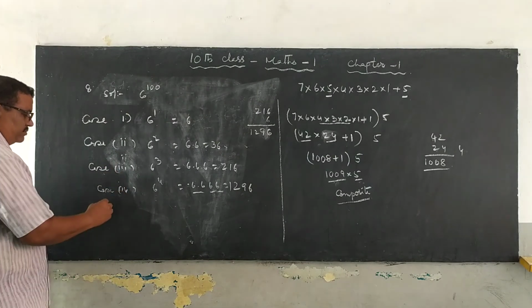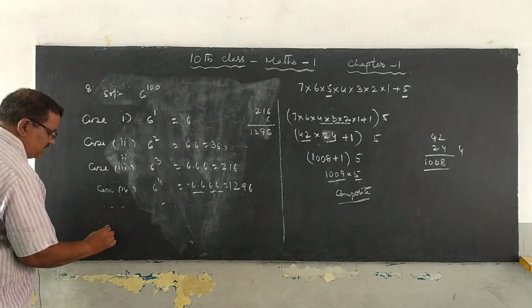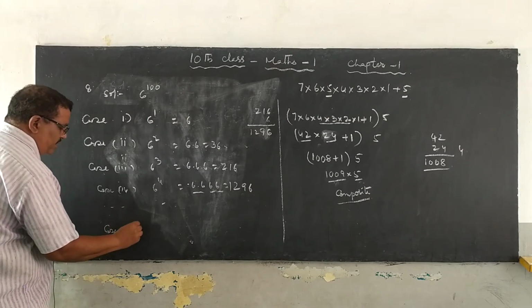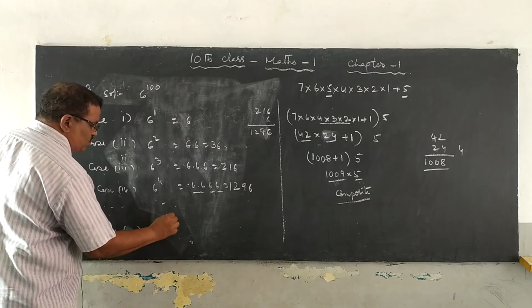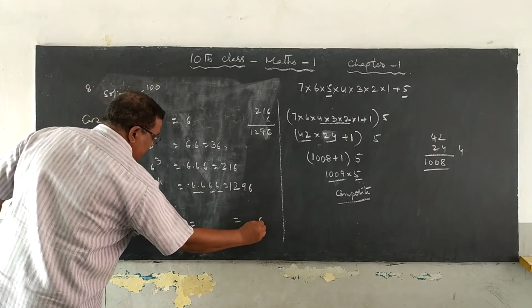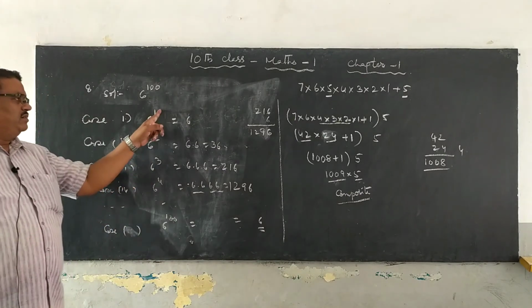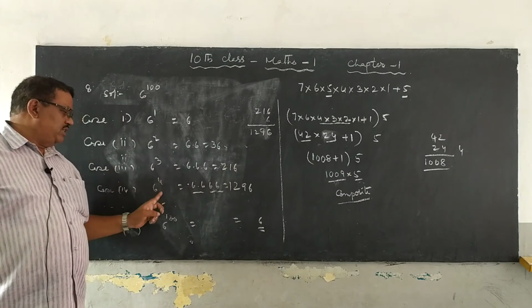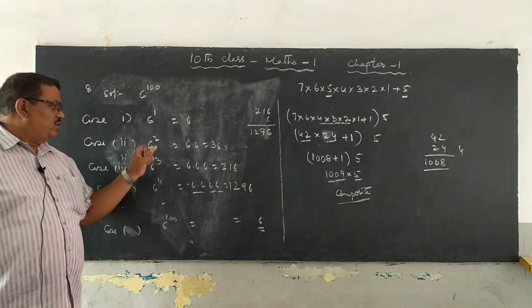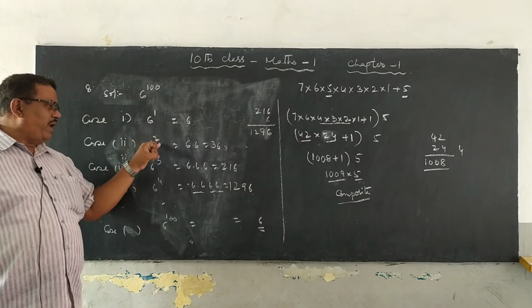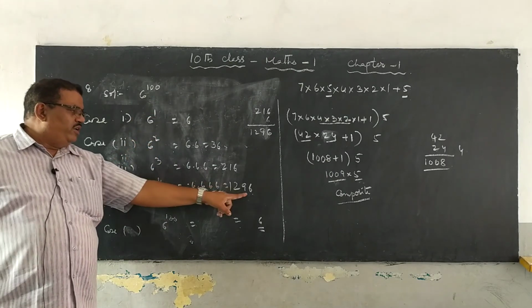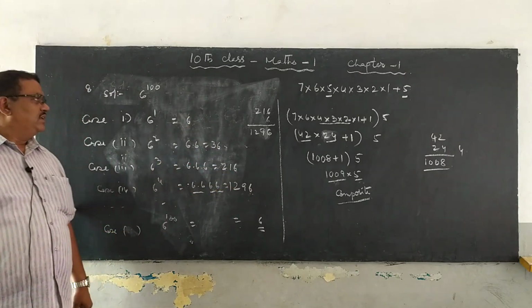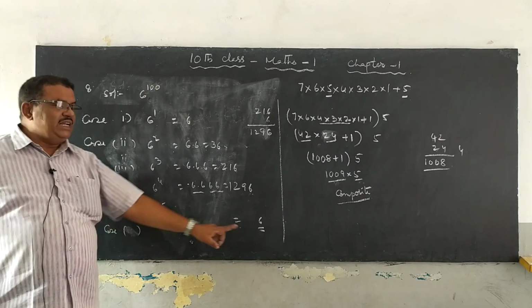In the similar manner, in the last case, case number 100, 6 power 100 also ends with the digit 6, because in all cases the unit digit of the number is 6. So 6 power 100 ends with the digit 6.